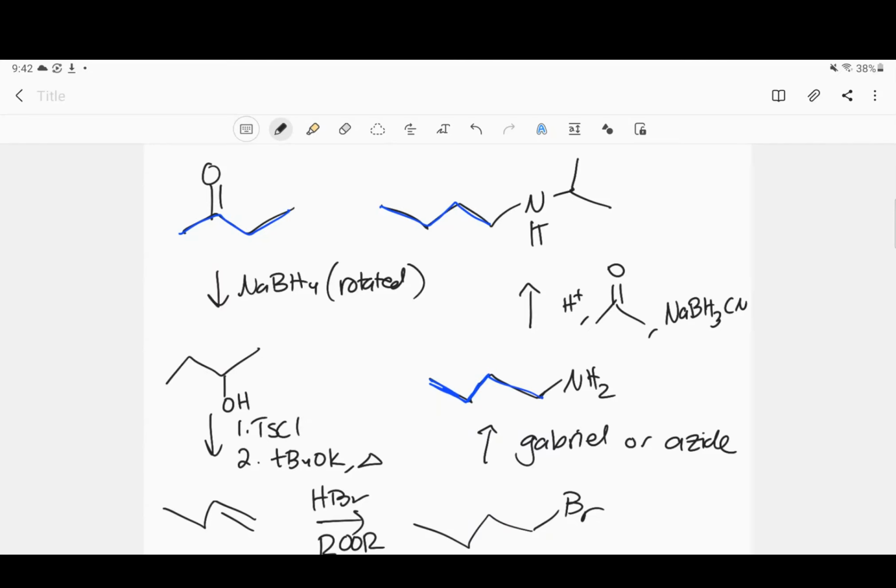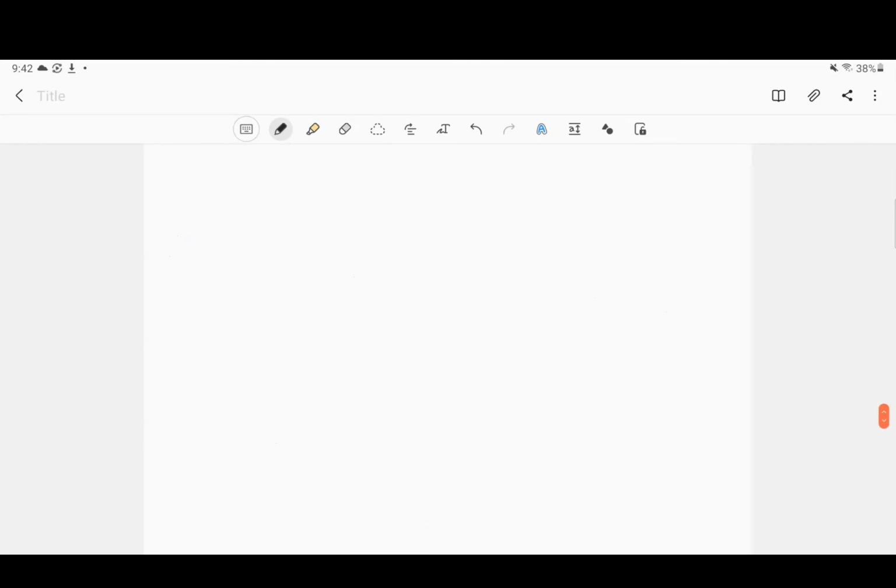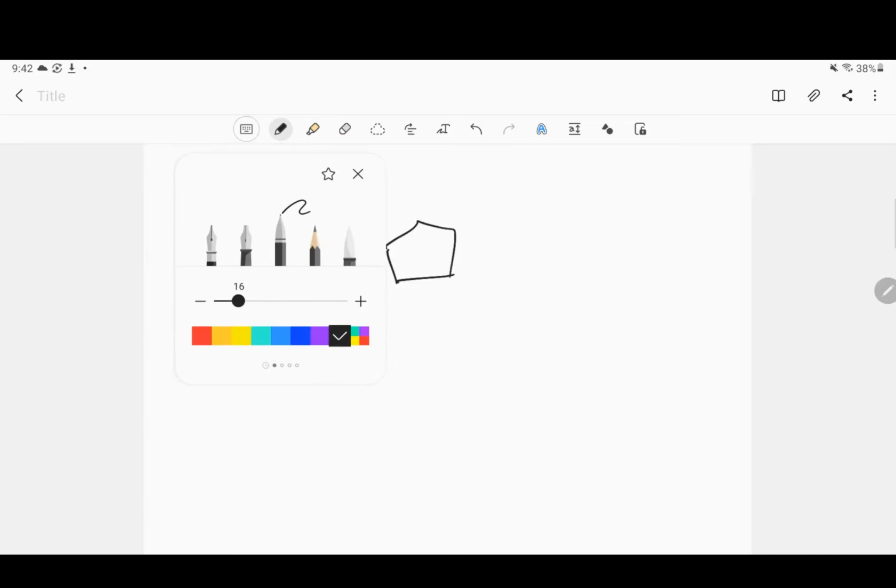Okay, so let's take a look. Let me draw the molecule. 1, 2, 3, 4, 5, 6. Okay, so we have a couple ways to number this, right?